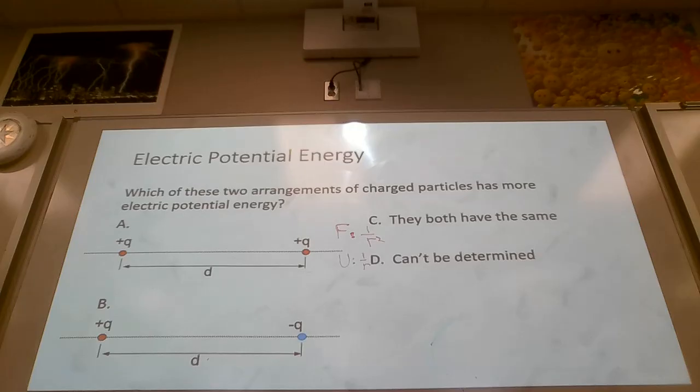Oh no, I got it. Would they both be approaching infinity? No. Okay. Good question.